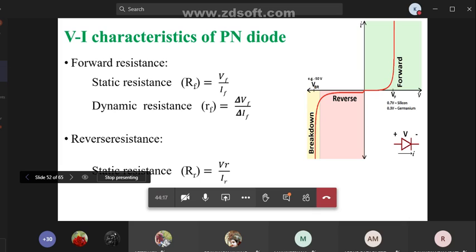Similarly, in reverse bias, the static resistance is the ratio of reverse voltage to reverse current, and the dynamic resistance is the ratio of change in reverse voltage to change in reverse current, right? So it is about diode resistances in forward and reverse biased conditions.